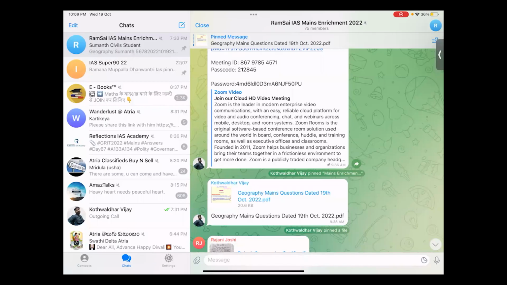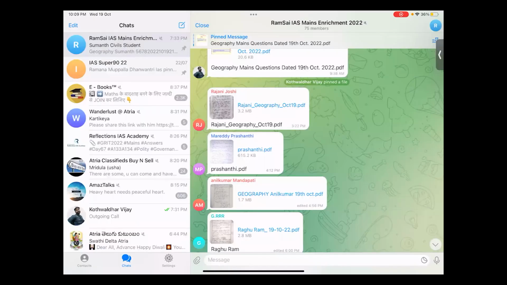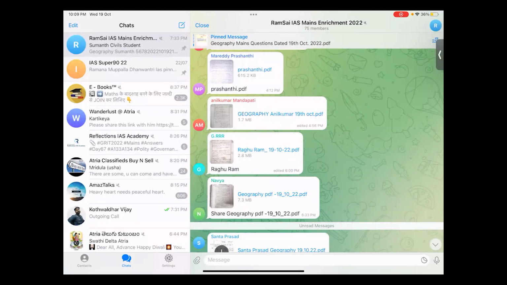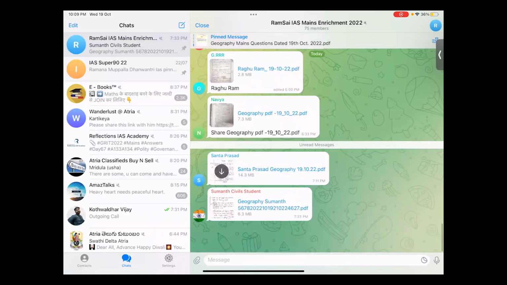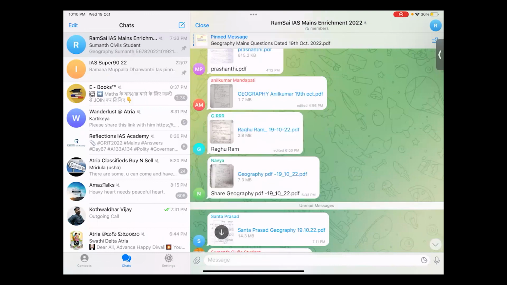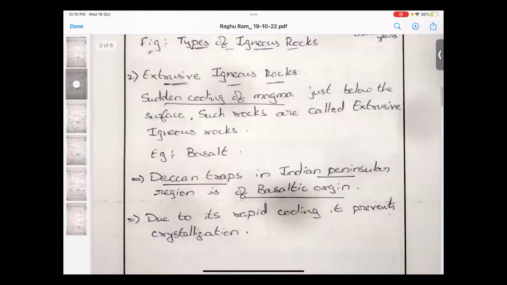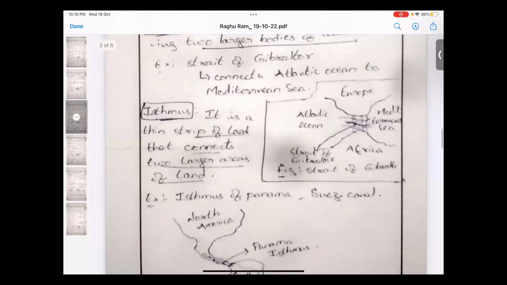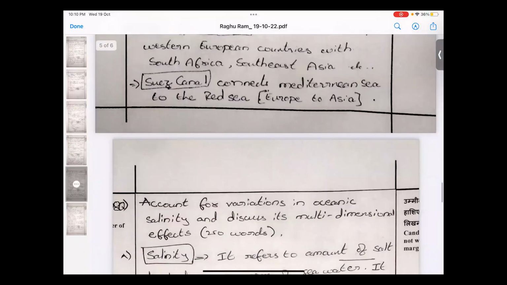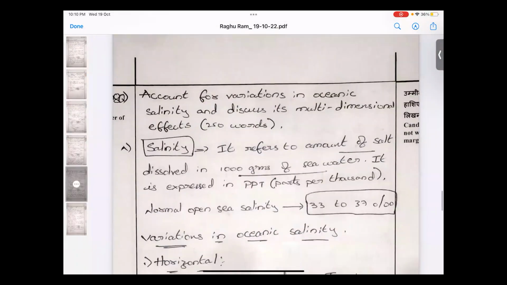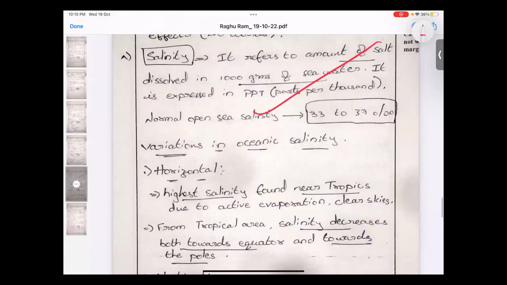So who has written? Prashanti. We have seen Prashanti's answer. Anil, we have seen. Sumant, we have seen. Raghuram, you have written? Yes, sir. Good introduction. More or less everyone is writing a standard introduction.